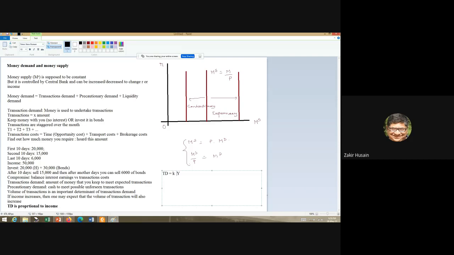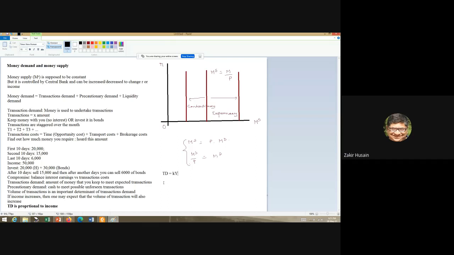Now, K into Y, right? So that means it will be a certain proportion of the production. How did this happen? If your income is, let us say, Y, you expect the transactions that you will undertake to be a certain constant proportion of the income.